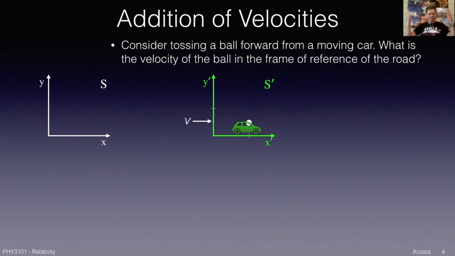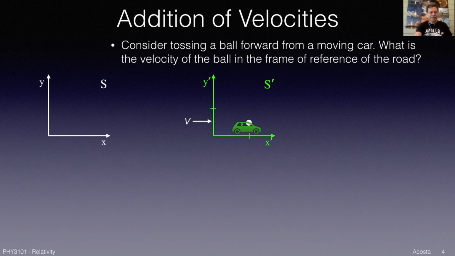Or in the case of the space analogy, imagine one booster rocket lets loose a probe, which also has a rocket engine, and it's going to be thrown forward. What would be the velocity of the thing you throw forward, the ball from the car, or the probe from the booster rocket, in the reference frame of the road, or in the case of the rocket, the Earth?